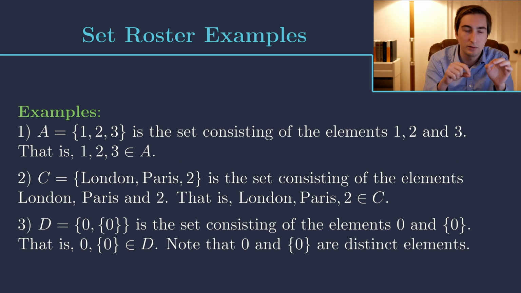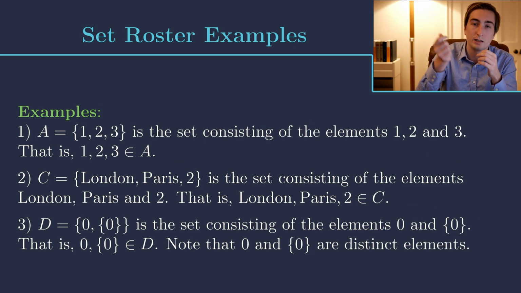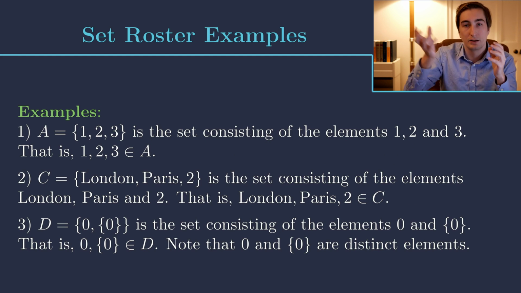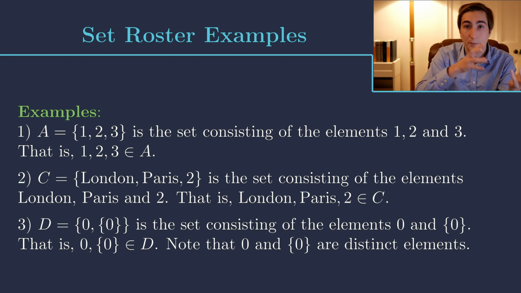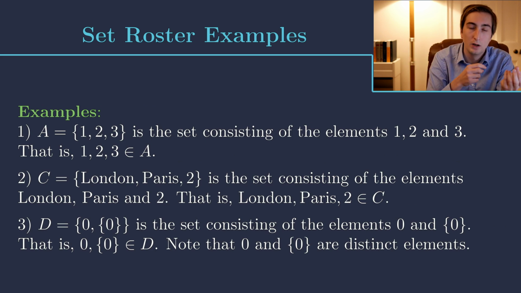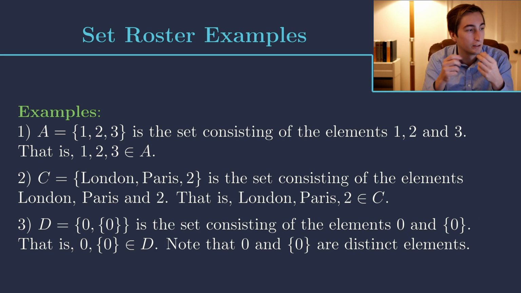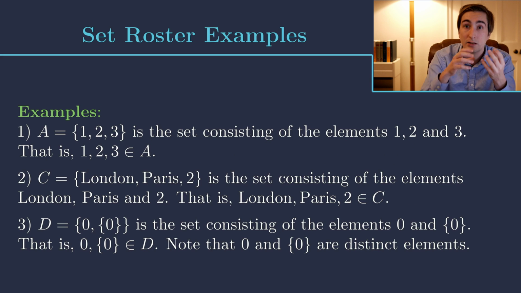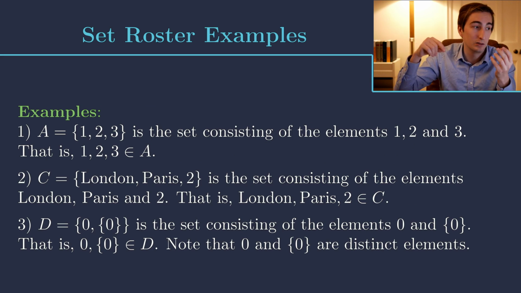So how can we think of this? If you like, think of it as I said at the beginning, where I had some coloured balls within a bag. I can think of the curly braces here as a bag. So this is a bag containing the number 0 and also containing a bag containing the number 0. Clearly the number 0 here is not the same as the bag containing the number 0.